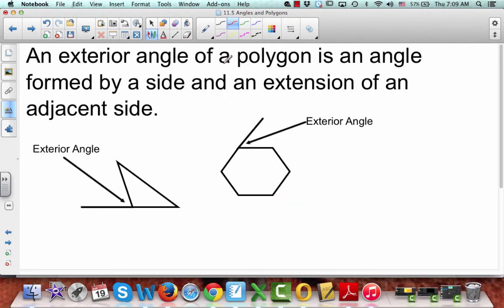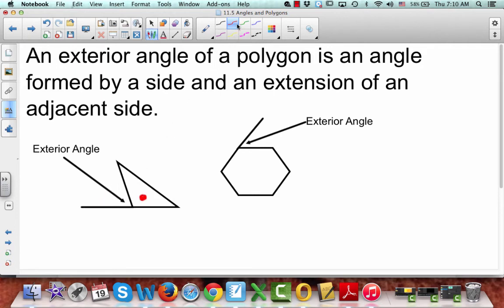Okay, an exterior angle of a polygon is an angle formed by a side and an extension of an adjacent side. So here's the side, and then here's the extension of the adjacent side, and it forms an exterior angle because remember, this is the inside and this is the outside over here.